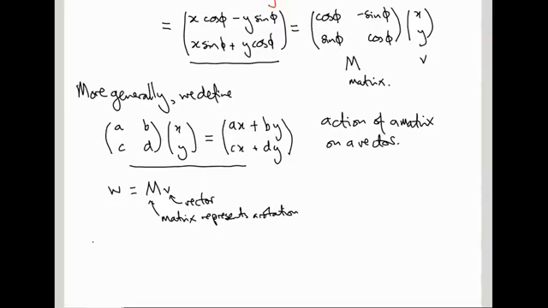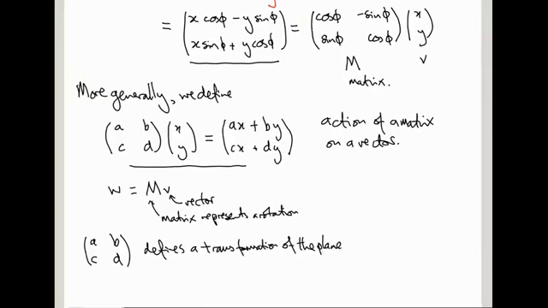So a, b, c, d defines a transformation of the plane. Could be a rotation like we've just seen, or you could write down a matrix for a reflection or for a shear.